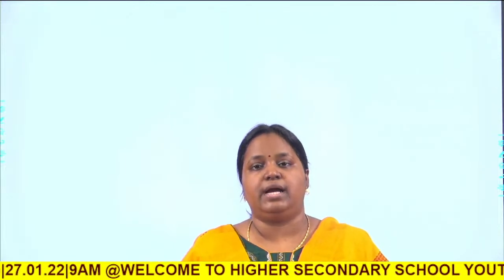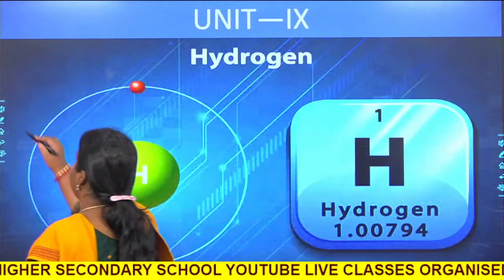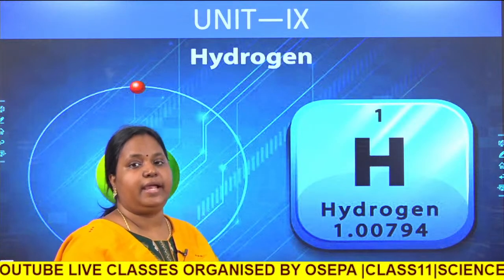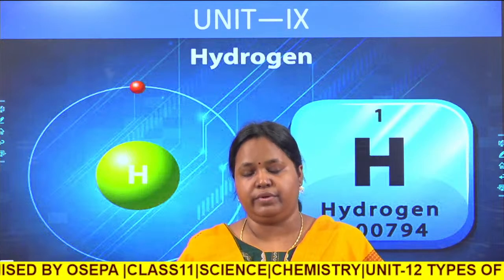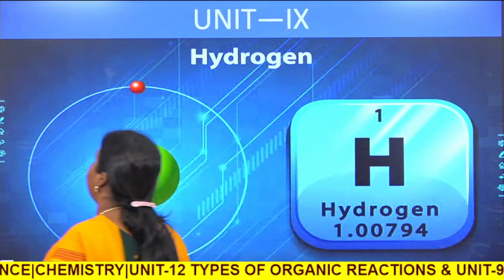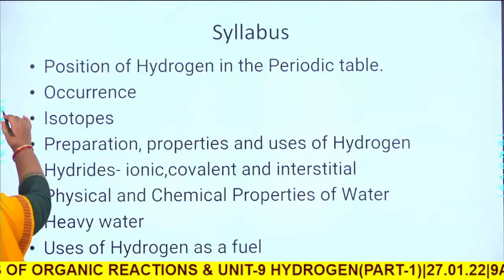So with this let's start our next chapter, hydrogen. This is your unit 9, hydrogen, and today we are going to start with this chapter. Let's have a look at what is the reduced syllabus proposed in hydrogen.